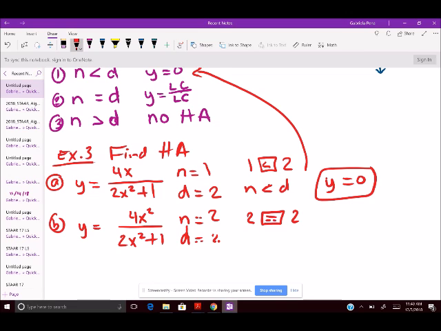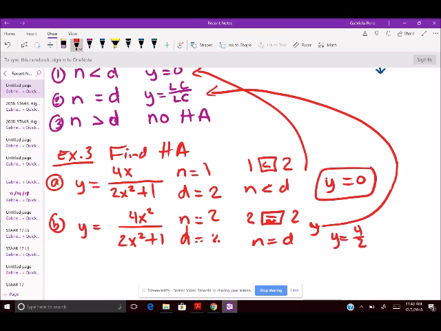It's equal to, right? So they're the same. If I go over here at the notes, it says it is my leading coefficient over my leading coefficient, which means y is 4 over 2, because those are my leading coefficients. So what is my answer? y equals 2. That right there is your answer.